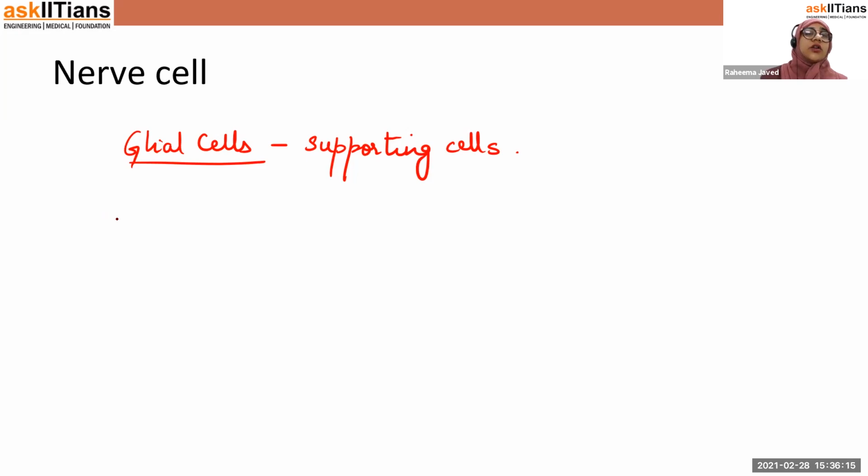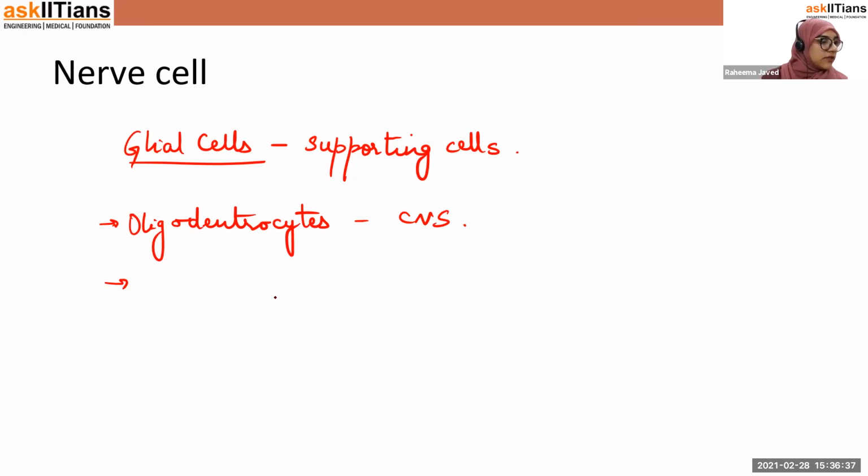If we talk about the types of glial cells, there are oligodendrocytes, which are the glial cells of the CNS. And the second type are the glial cells which are present in the peripheral nervous system.